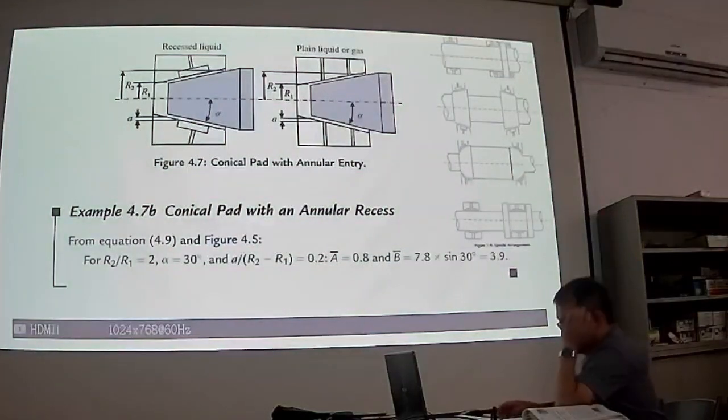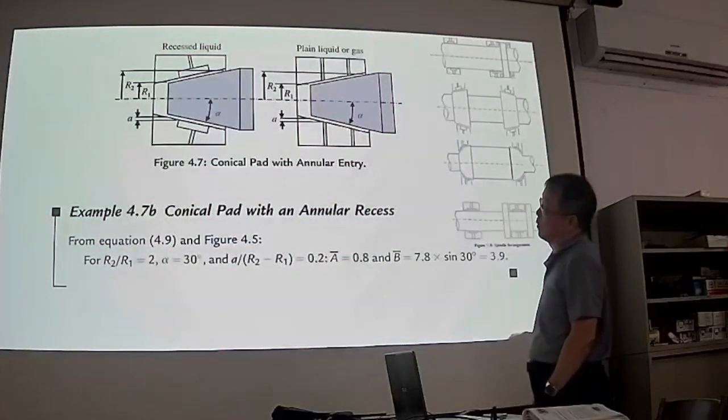Okay. So this is a conical journal bearing.